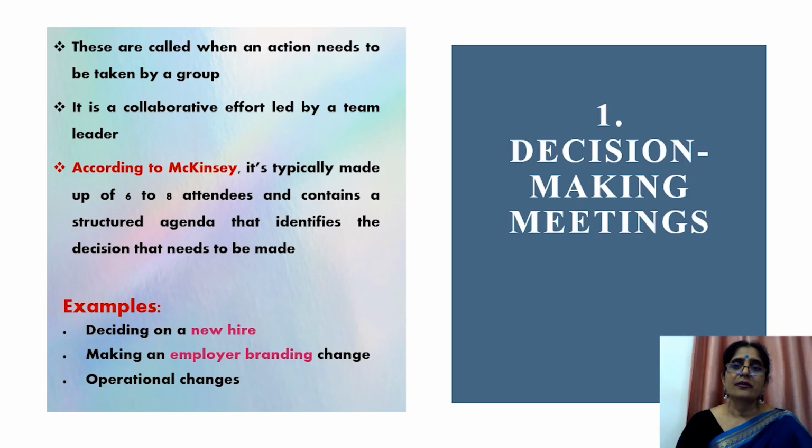First is the decision-making meetings. These meetings are generally called when an action needs to be taken by a particular group, and they are generally a collaborative effort, led by a team leader. According to McKinsey, these meetings typically are made up of 6 to 8 attendees and contain a structured agenda that identifies the decision that needs to be made in that particular meeting.